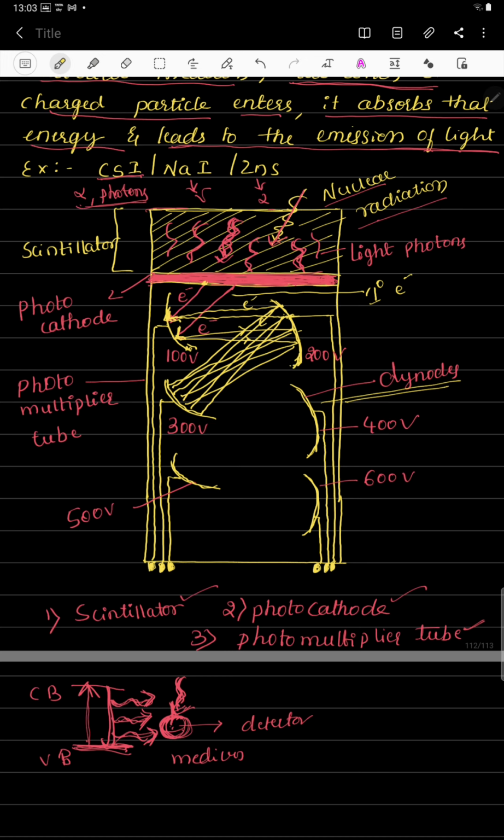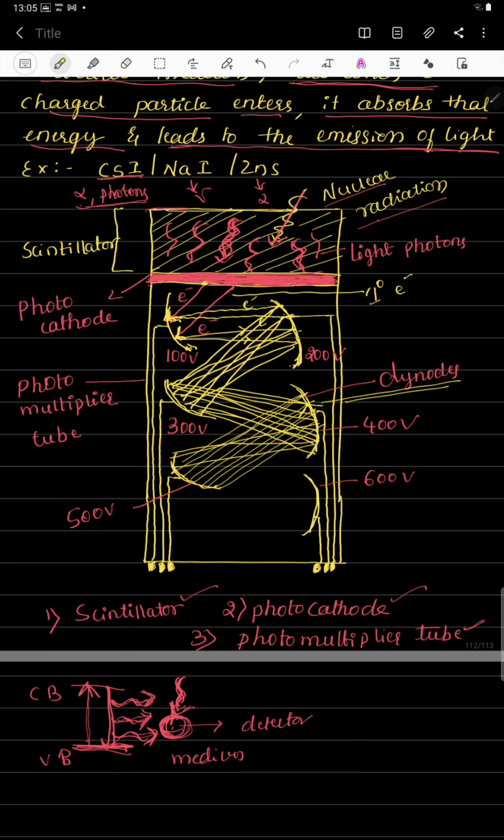Electrons multiply continuously as they travel from one dynode to another, because the potential is increasing, they are accelerating, and the number of electrons is multiplying.